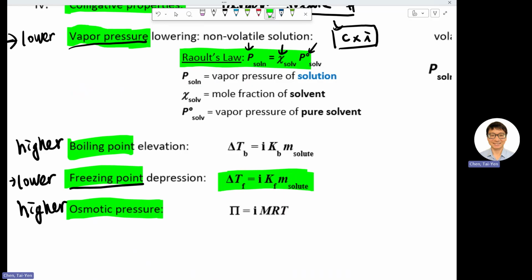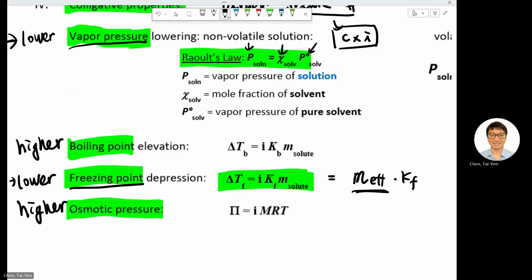Different solvents respond differently. But you can always see this as the effective concentration times K_f, where the effective concentration is just your i times your molality.